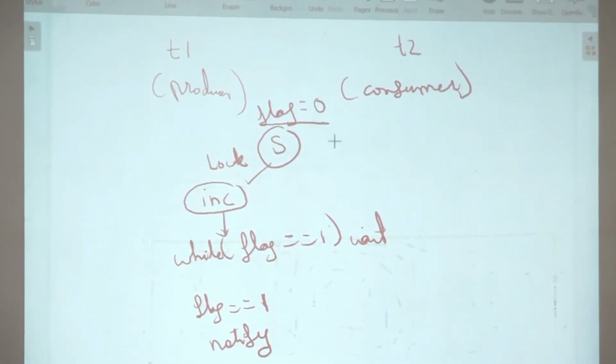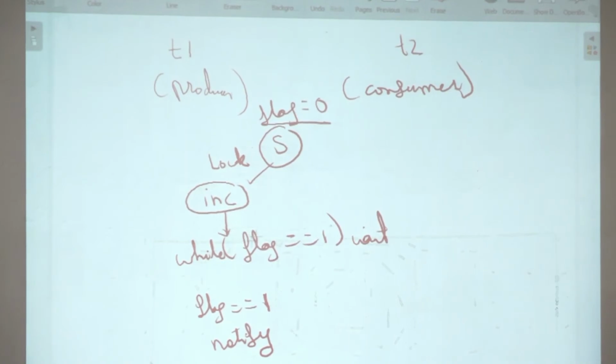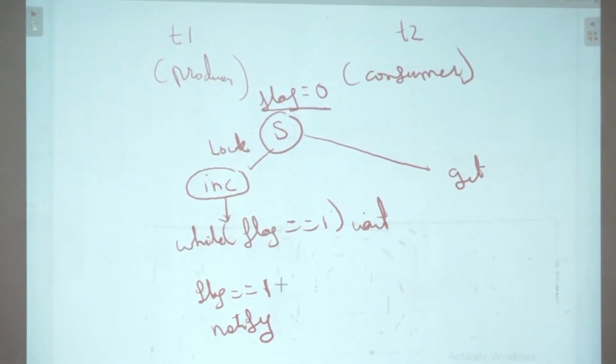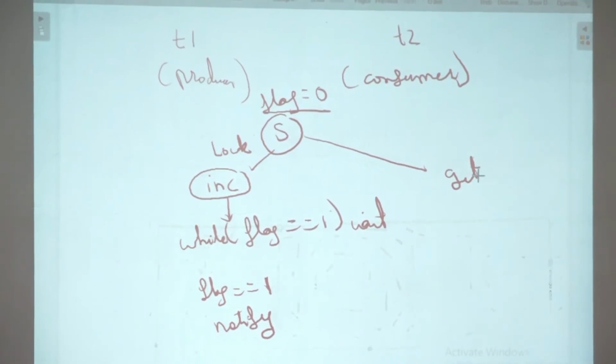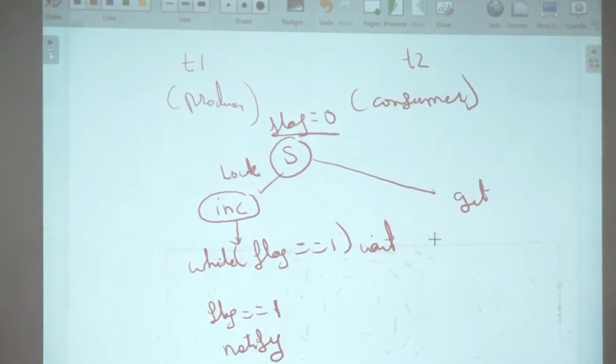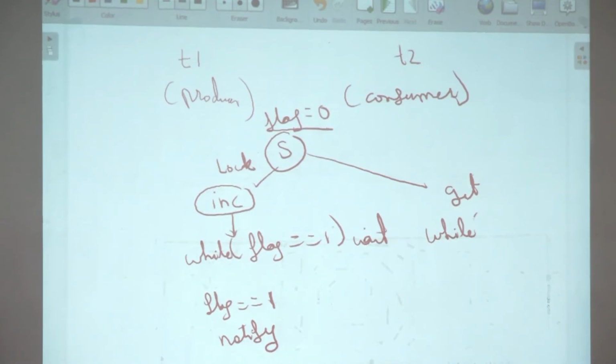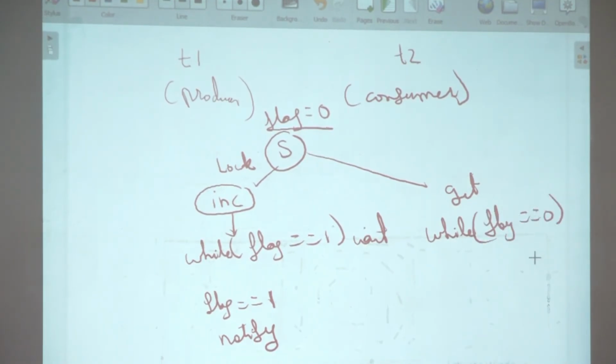Now, let's say, while this was going on, the consumer got called and it called get. The get had a line: while flag equal 0, wait.